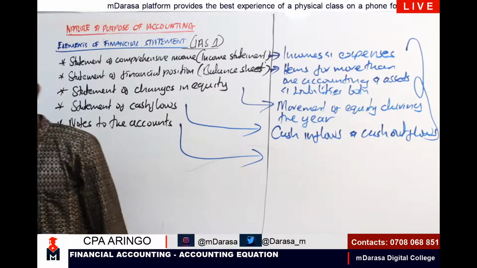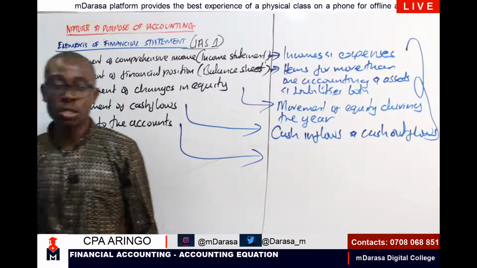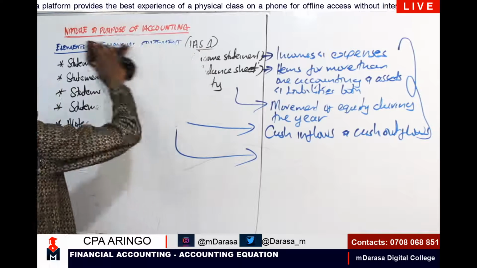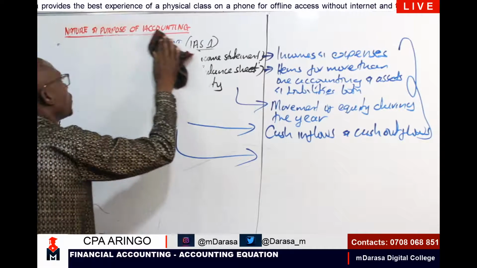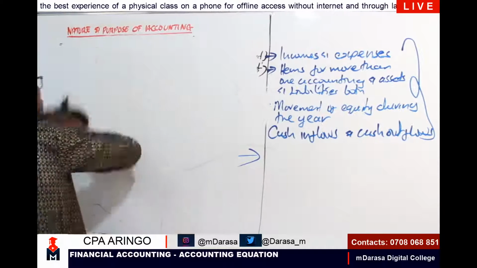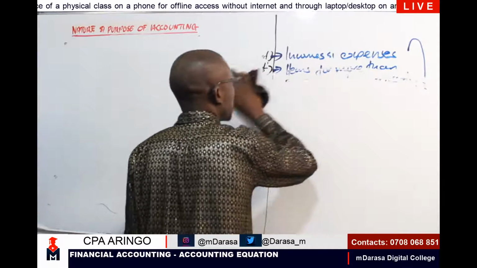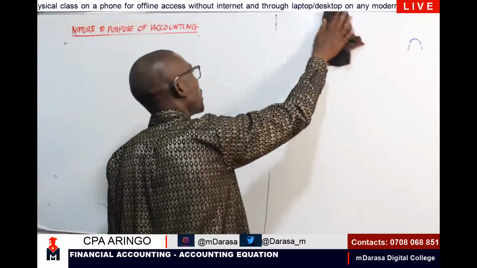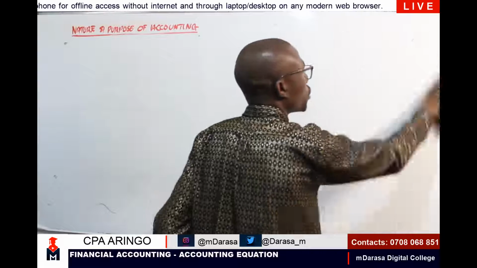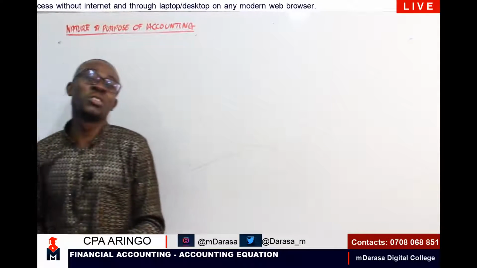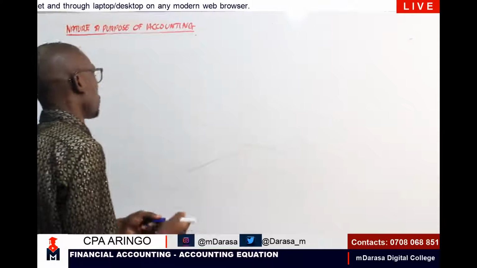We are talking of the accounting equation. This is the basis of financial accounting. You can't do financial accounting comfortably if you are not good in the accounting equation. You also cannot proceed with accounts if you're not good in the accounting equation.